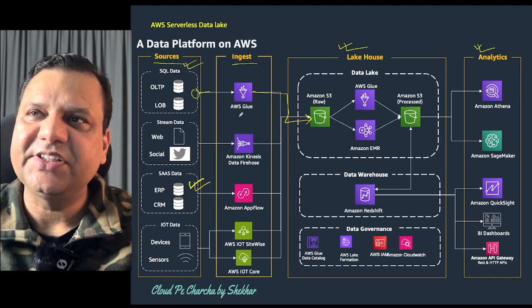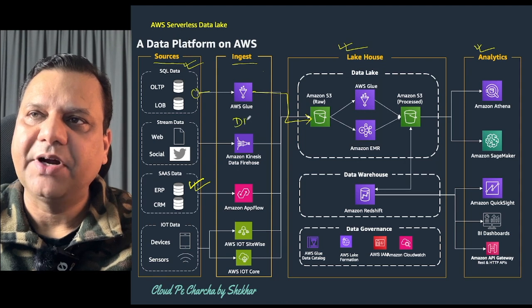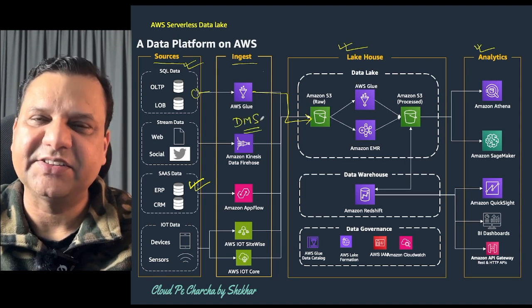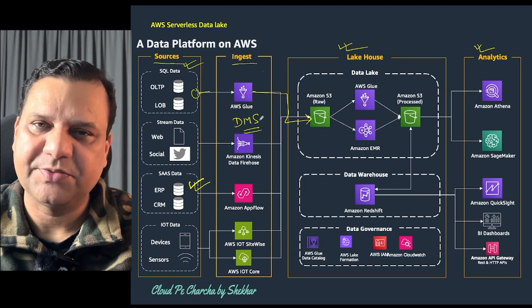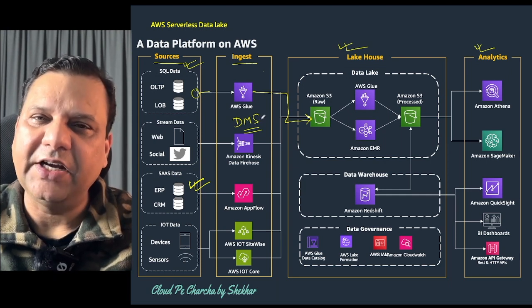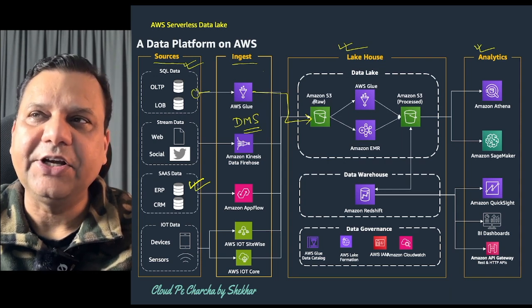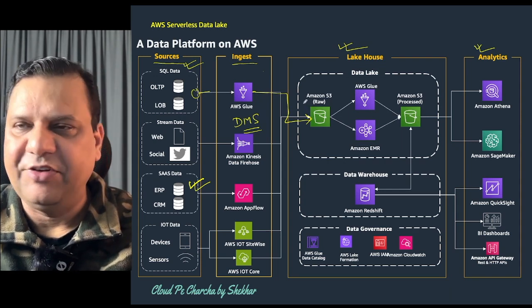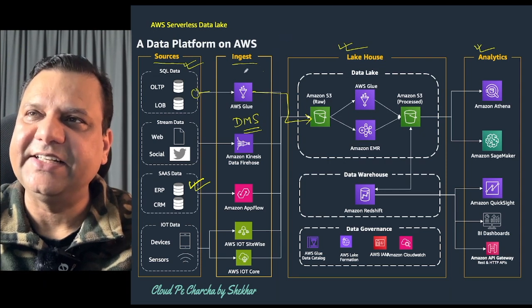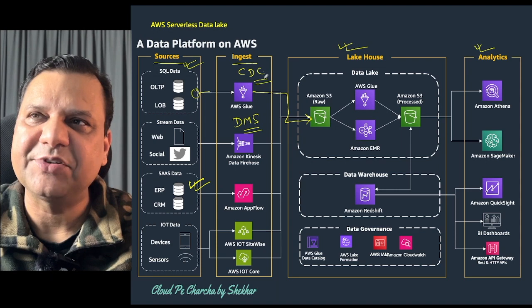One other service which I have not mentioned, but this is another very important service, is DMS, Database Migration Service. If you have a continuous replication of data from source into the data lake, which we also call CDC, which is change data capture.